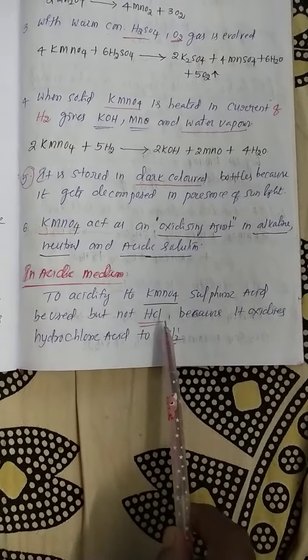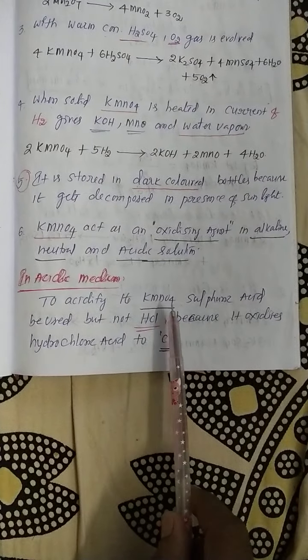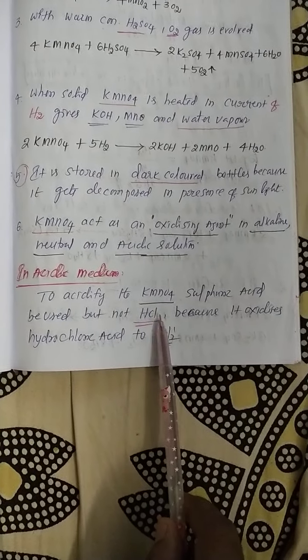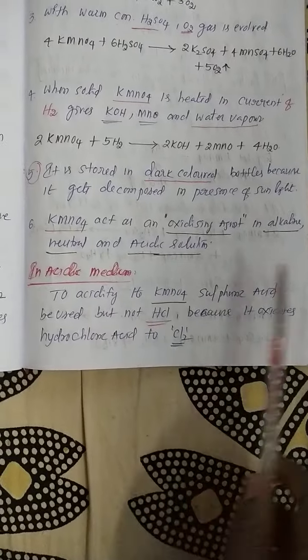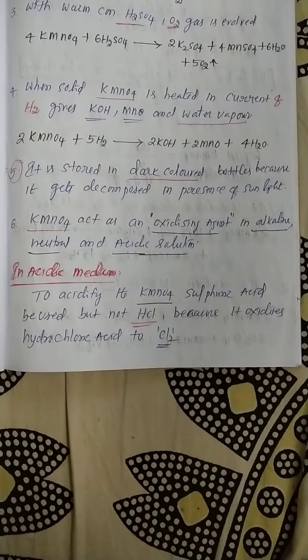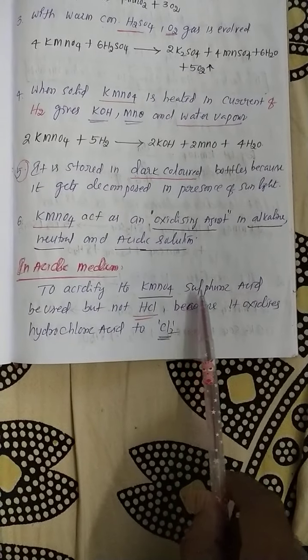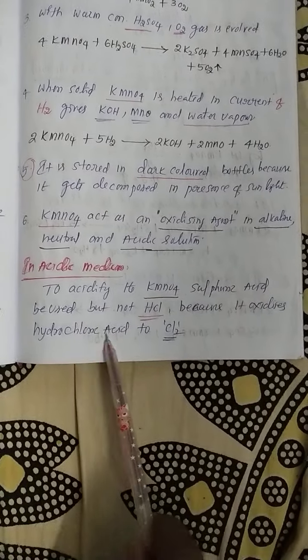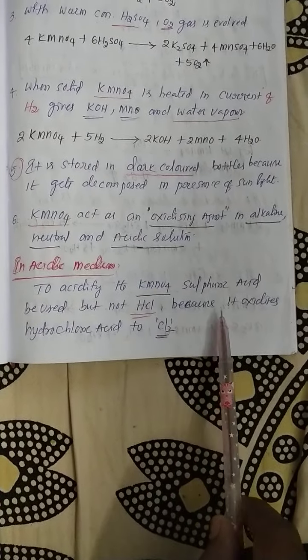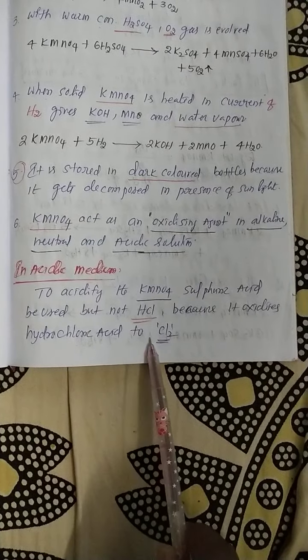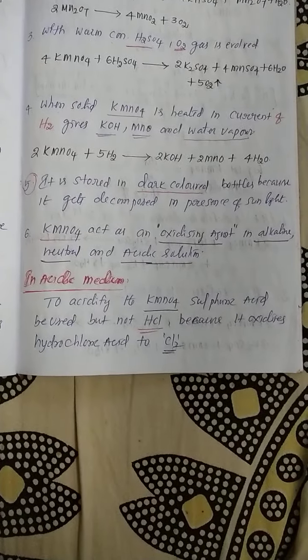That is the reason sulfuric acid is used for the oxidizing purpose in the acidic medium. This is the most important point, my dear students. Again I repeat, in acidic medium KMnO4 is used with sulfuric acid but not HCl because it oxidizes hydrochloric acid to chlorine gas.